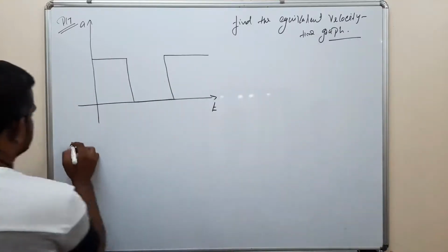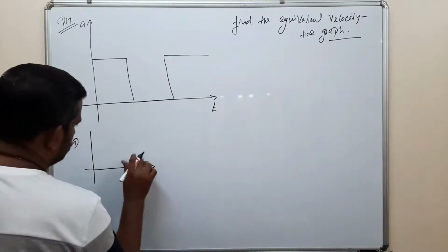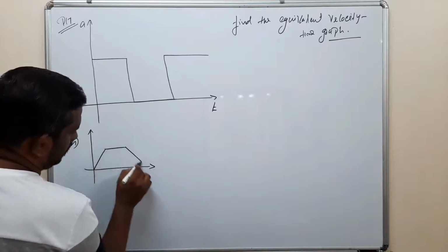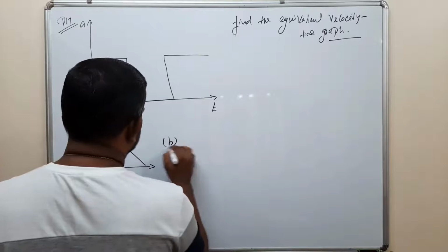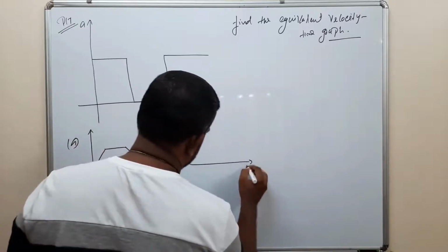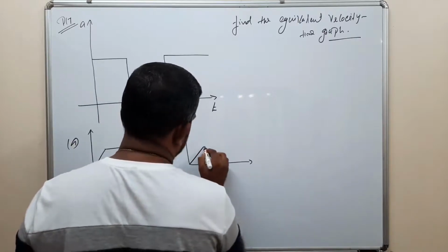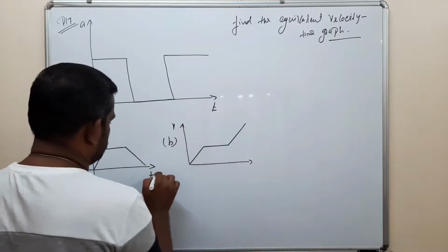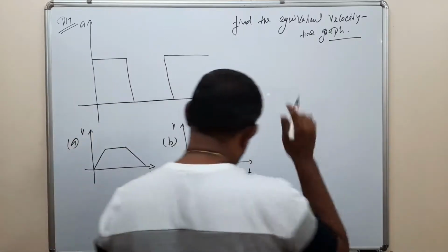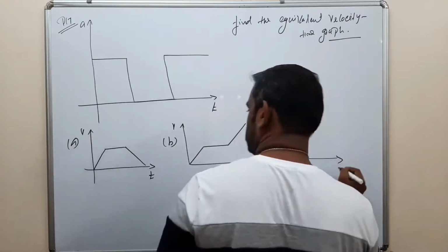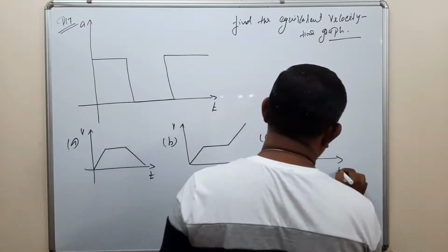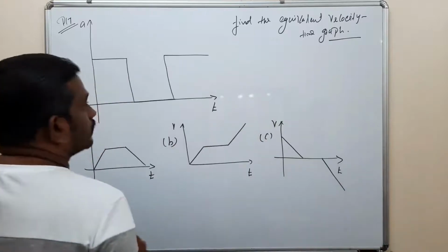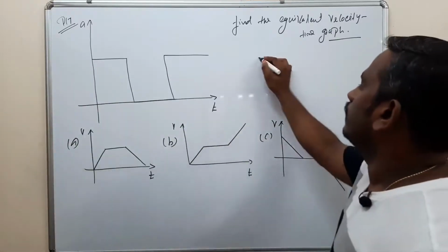Find the velocity time graph. Option A, option B, option C, option D.